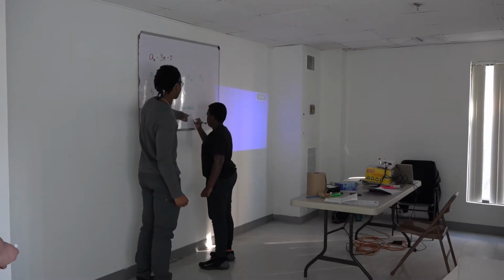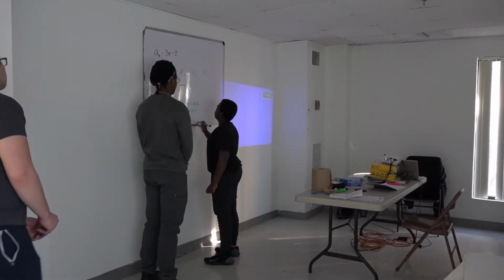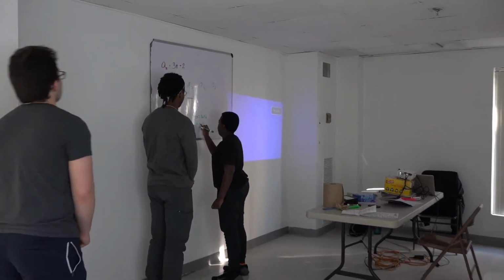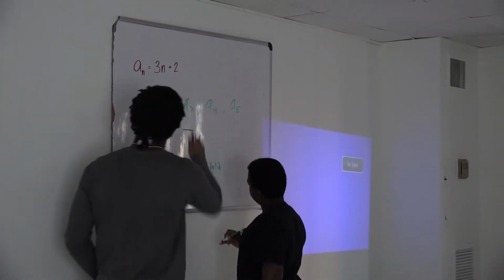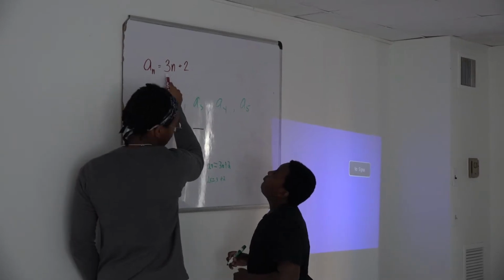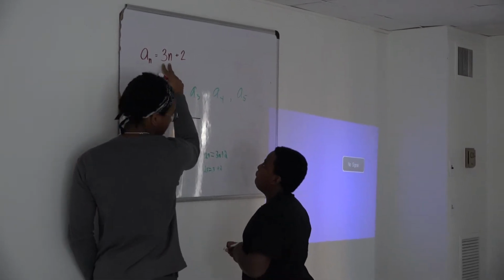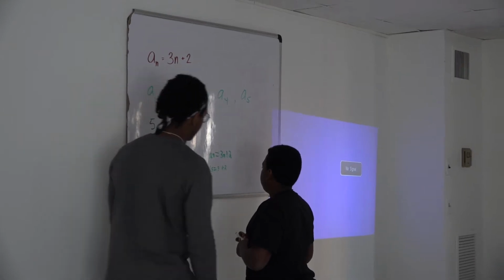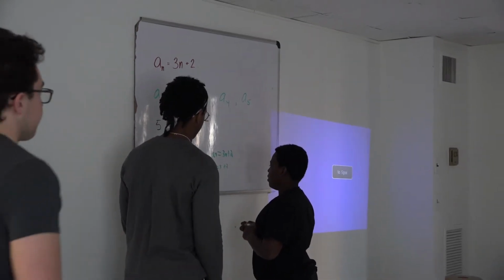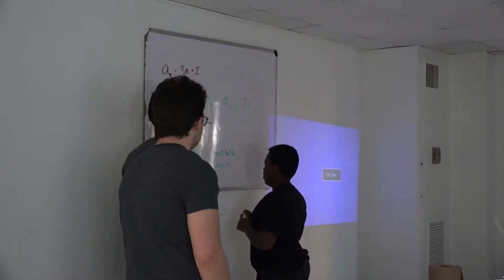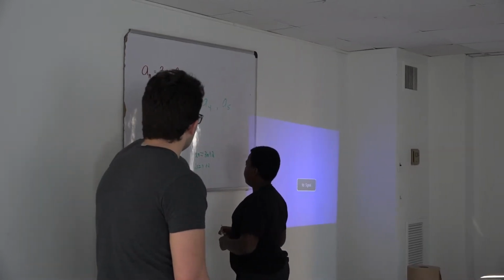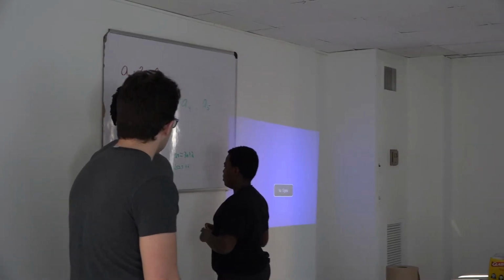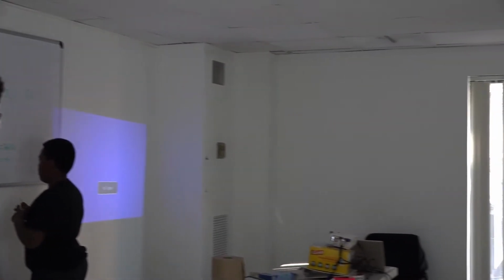Hold on. You wrote N again. Remember, you're plugging in 5 anywhere there's an N. When you have a variable directly next to a number, that means multiplication. So you're multiplying by N. And what is N? 5. So we're multiplying by 5.